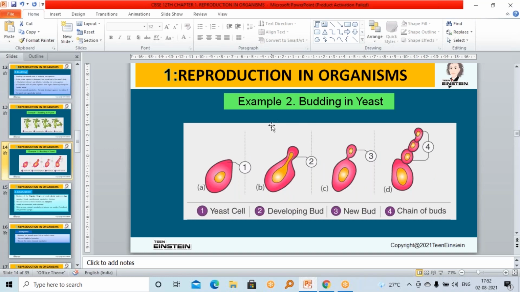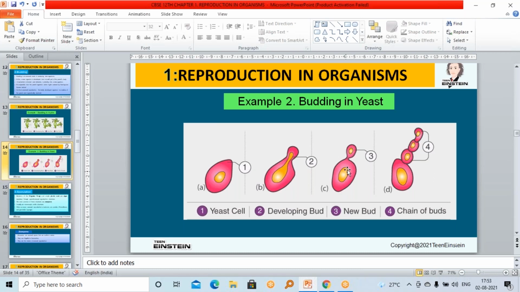Next is the developing bud. The bud started growing, and the new bud will grow and attain maturity. After attaining maturity, it will get separated from the parental body. This new hydra is exactly similar to the parental hydra. There is no genetic variation between the parent and the new individual.